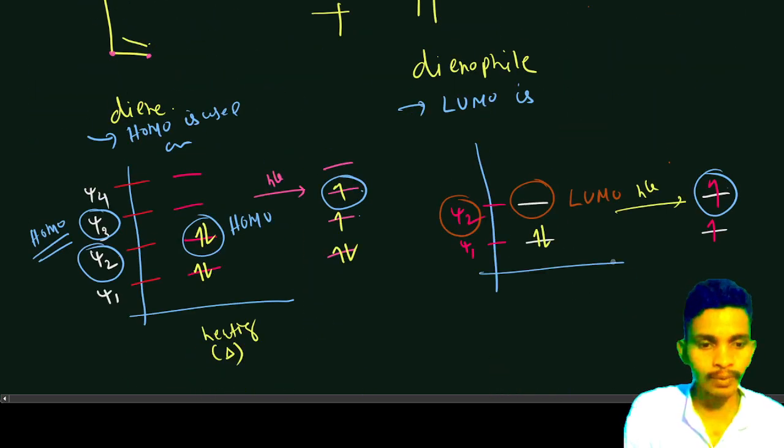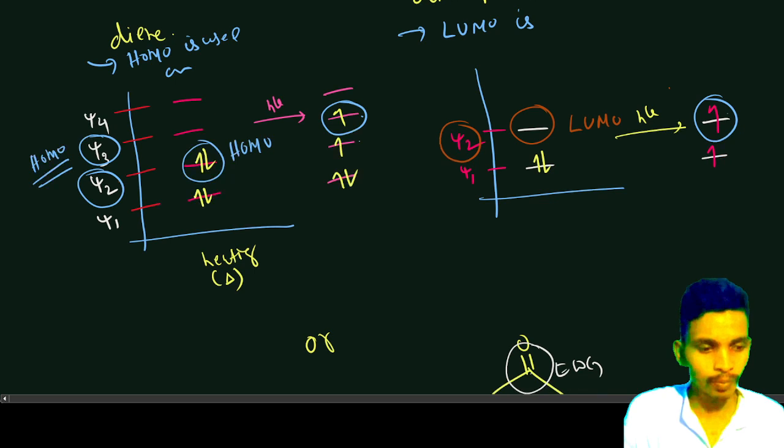So psi 2 is the LUMO and psi 2 is the HOMO for heating.